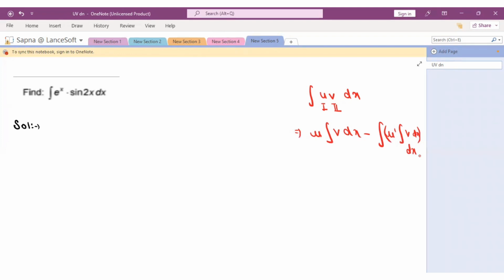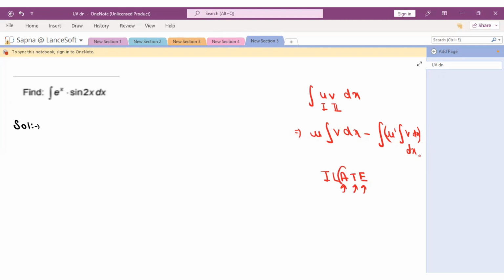Here also we need to decide which one is the first function and which one is the second function. We are going to decide using a rule called ILATE. I stands for inverse trigonometric function, L is for logarithm, A is for algebraic, T is for trigonometric, and E is for exponential.